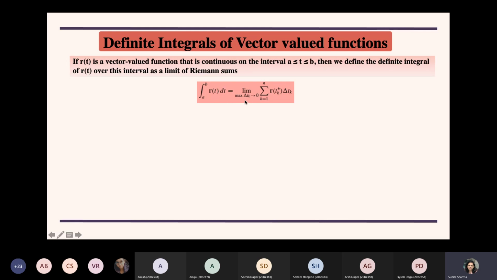Limit of, you take the maximum of the interval length approaching 0, and then you find this particular summation, and in this limiting case this summation is going to approach the integration of r(t) with respect to t from a to b.